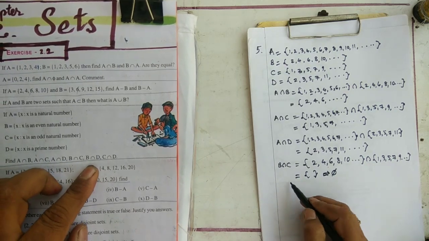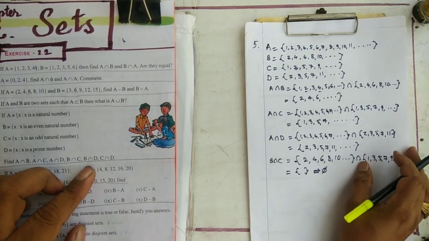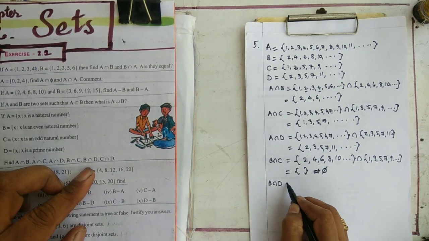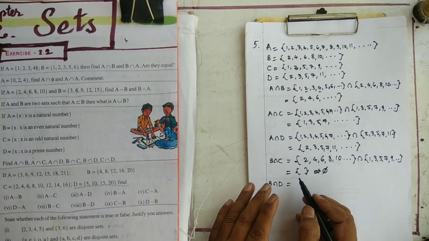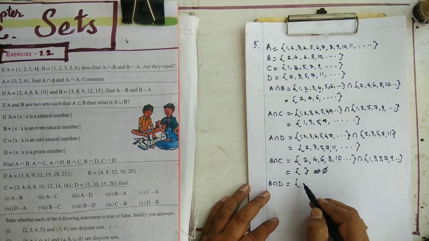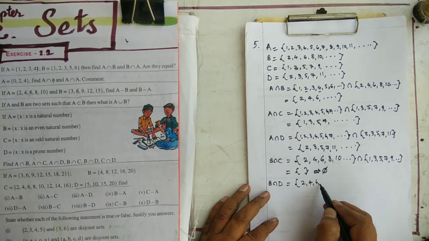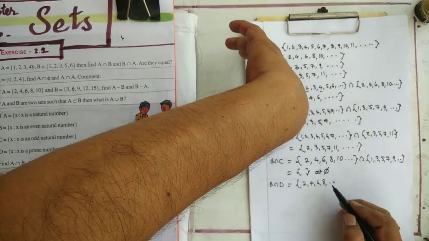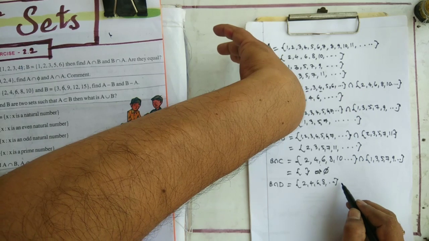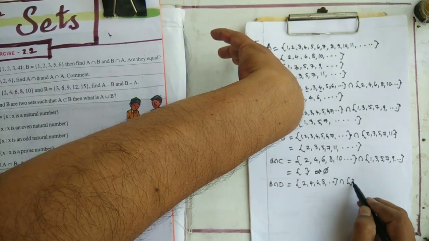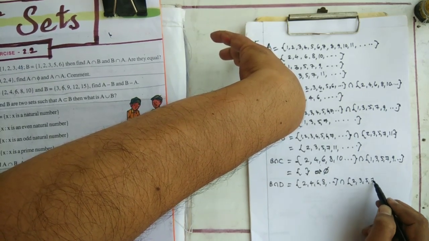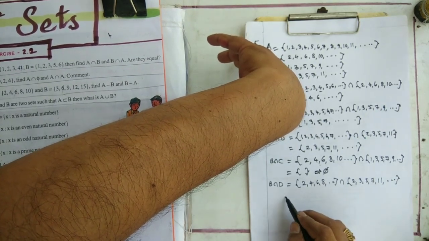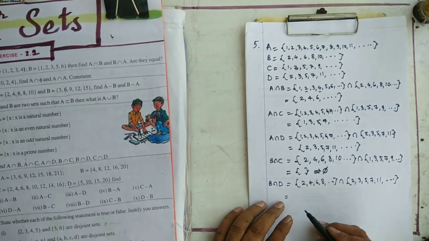Next, B intersection D. B is the set of even numbers 2 4 6 8 and so on. D is the prime numbers 2 3 5 7 11 and so on. What are the common elements?